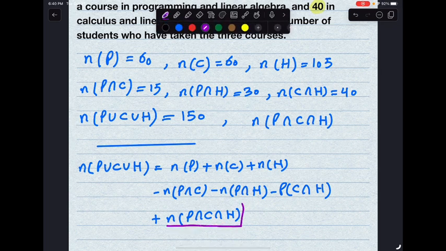This is the part we're going to find. So we just plug in all the other values here.